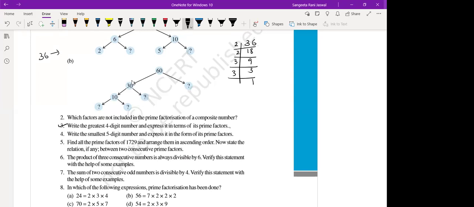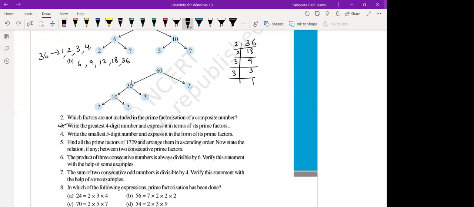What are the factors? 1, 2, 3, 6, 9, 12, 18, 36. So these are all the factors you told me.